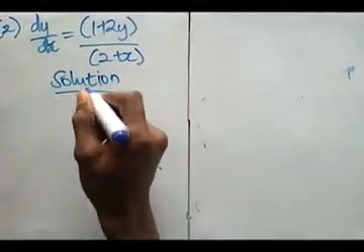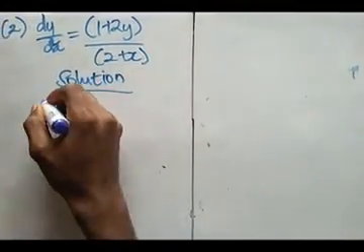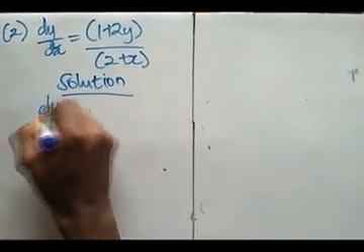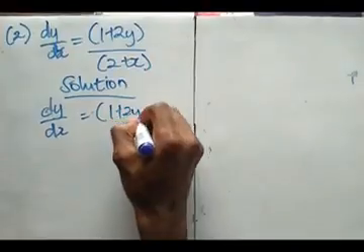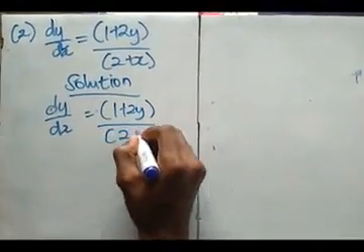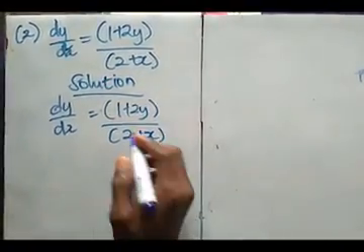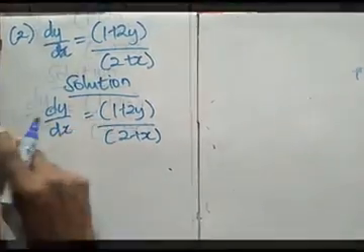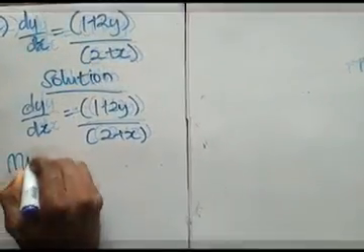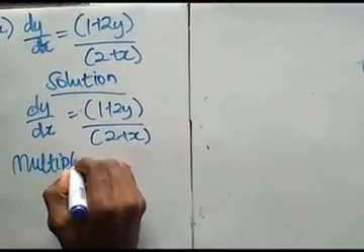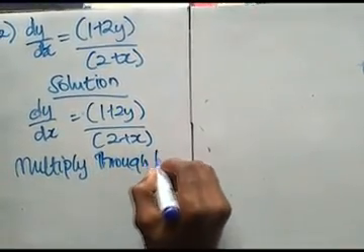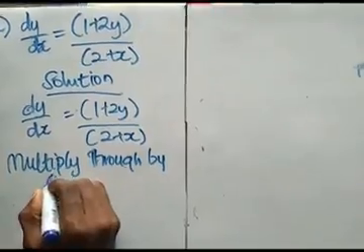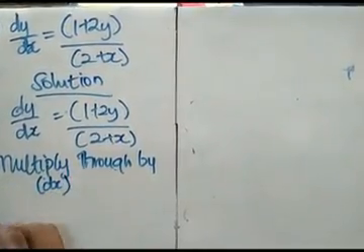Hello guys, so here's the second example. We need to use separating variables to solve. So we write down the equation: dy over dx equals (1 plus 2y) over (2 plus x). Our first step is to multiply both sides by dx.